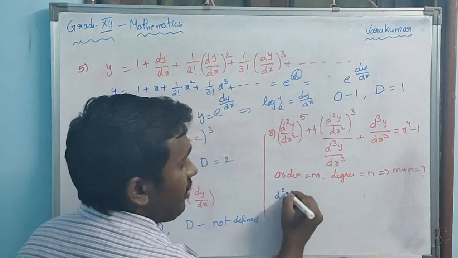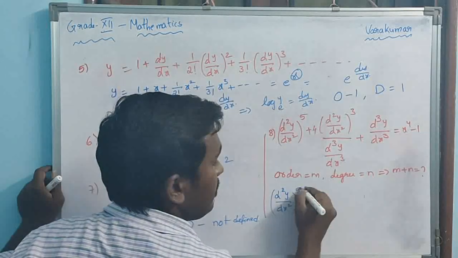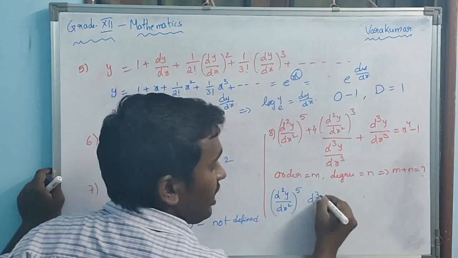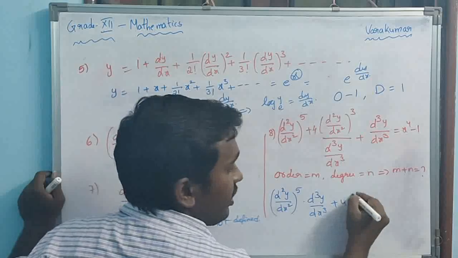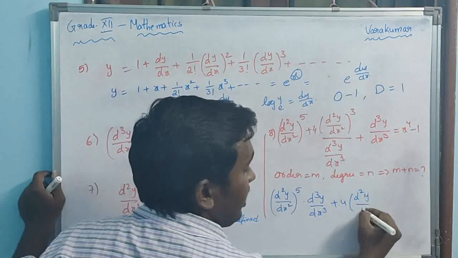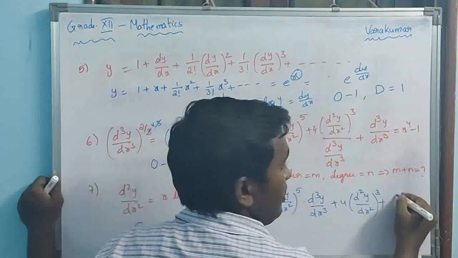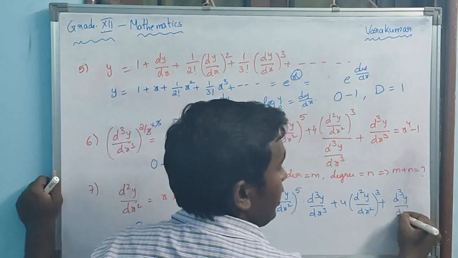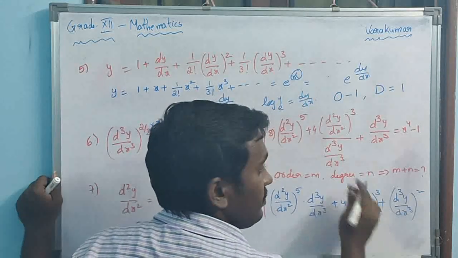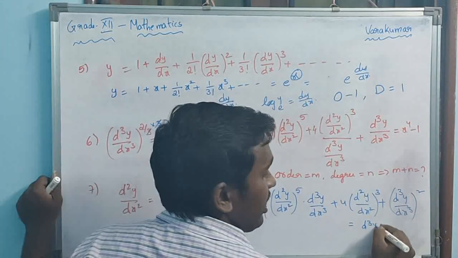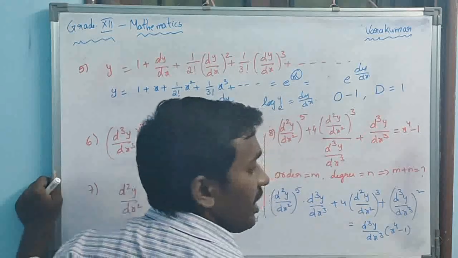It becomes (d square y by dx square) whole power 5 into d cube y by dx cube, because that is the LCM, plus 4 into (d square y by dx square) whole cube plus (d cube y by dx cube) whole square is equal to d cube y by dx cube. After the LCM I am sending this value to that side, x power 4 minus 1.